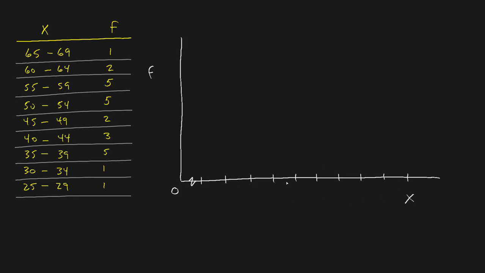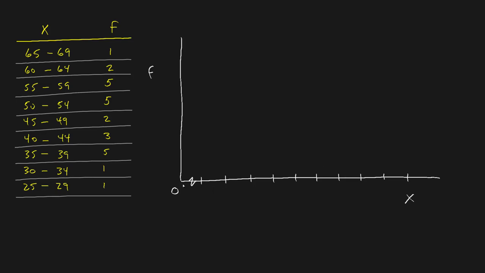Okay, now I just did these freehand. I would not recommend doing that. If they ask you to draw a histogram, you're going to want to use either graph paper or use a ruler to make sure that these are nice, evenly spaced intervals.